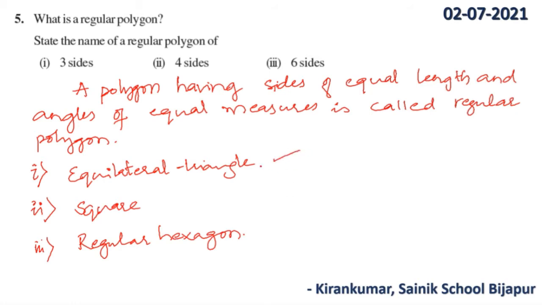For triangle and square, there is a specific name. For other polygons, if 5 sides are there, it's called a regular pentagon. If 7 sides are there, regular heptagon. If 8 sides are there, regular octagon. So the number of sides will give the name of the polygon. For that we need to add this word regular, right?